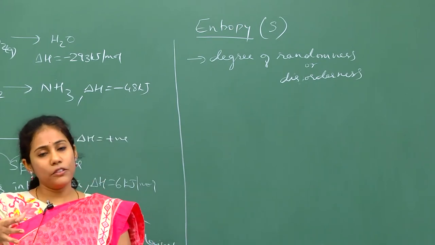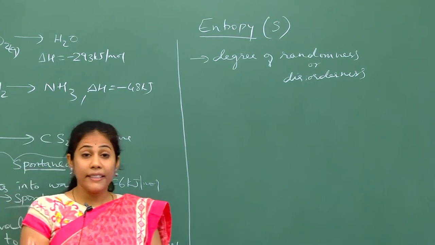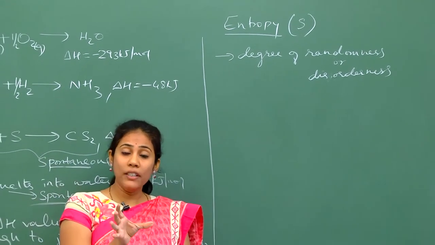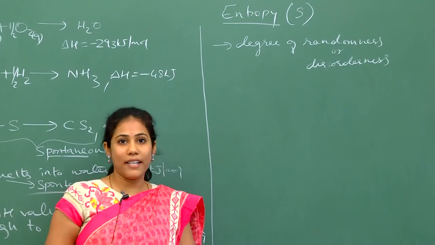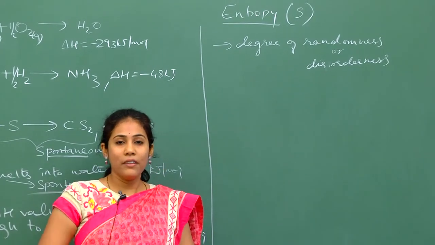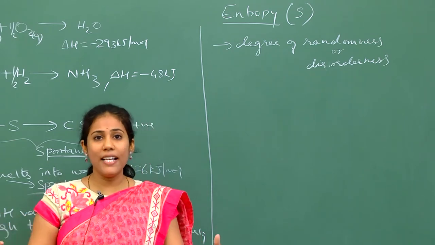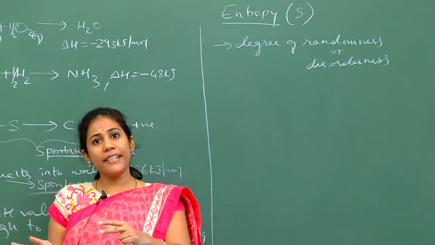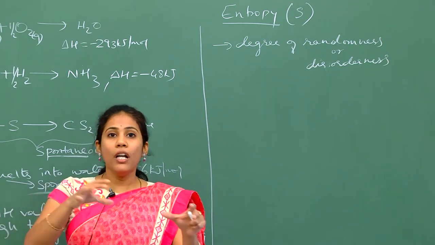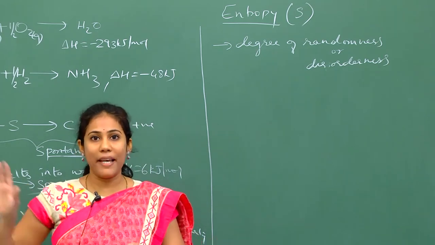It was thought that every natural process that can occur on its own is associated with certain disorderness. Okay, got it? Say for example, we have a class where 50 members are there. As long as the teacher is there in the class, you all will sit in particular places on your bench in an orderly manner.